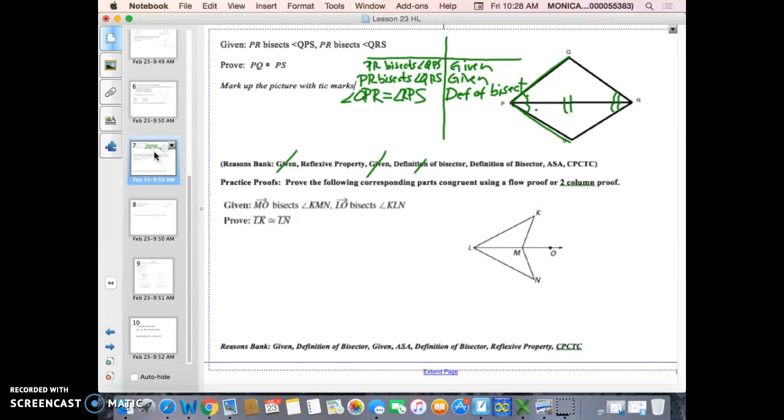All right, so now I can say the same thing on the other side, that angle QRP is equal to angle PRS, and that again is definition of bisector. Now I can conclude that, oh, I forgot the side, we have to do the side. So PR equals PR, and that would be reflexive property.